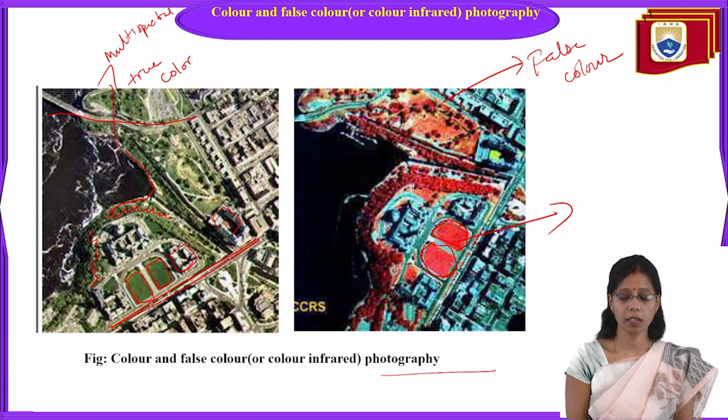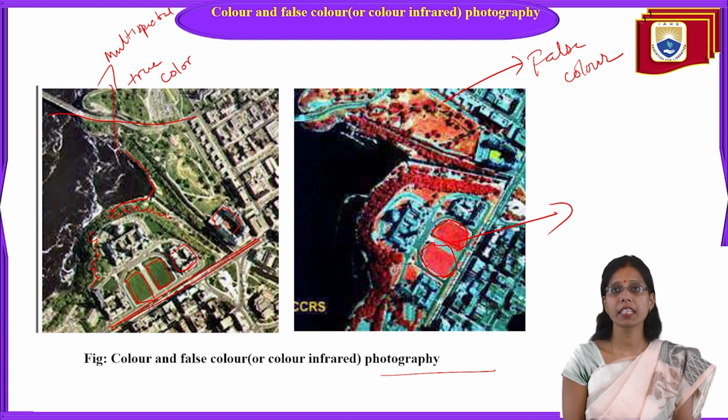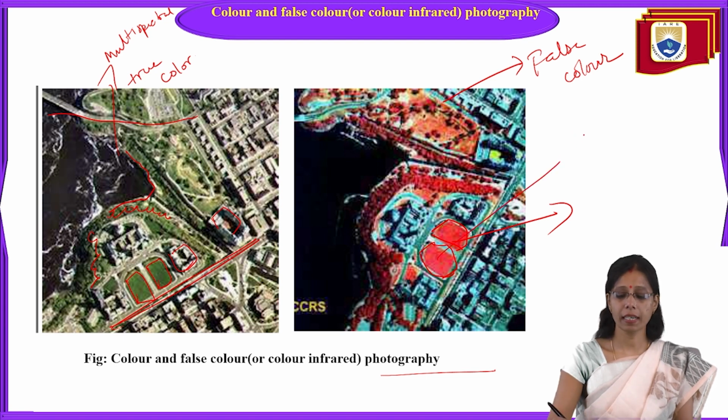The reason is false color. As I told you before, vegetation will appear red in color, because it reflects in the infrared region. The highest reflection will be in the infrared region. That's the reason it appears in red color in the image, and it comes under three bands: band 1, band 2 and band 3. So either red, blue or green.